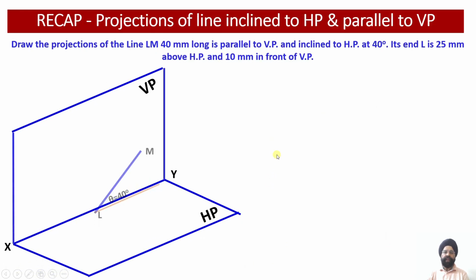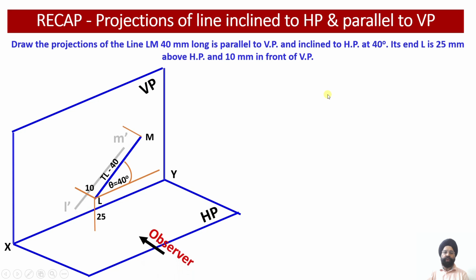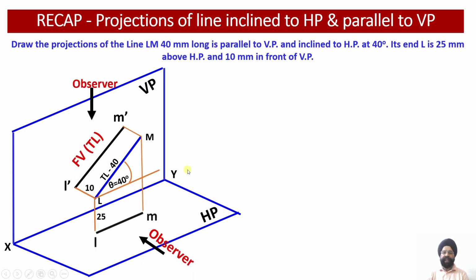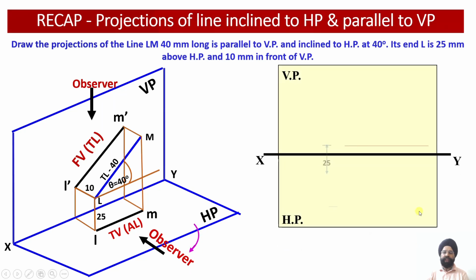Now this is again a recap of the basics of how we obtain the projections of the oblique line. We need to remember that whenever you have a line which is parallel to the vertical plane, its projection in the front view on the vertical plane will provide you with the true length of the line. These basic fundamentals we are going to apply while we work out the projections of the oblique line.